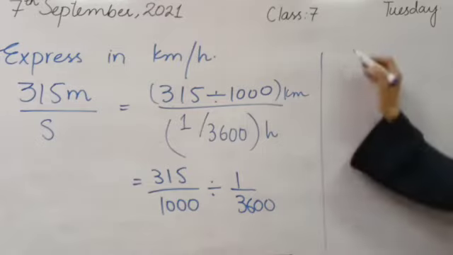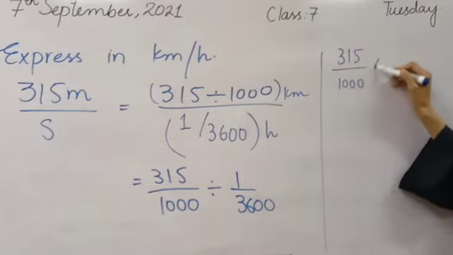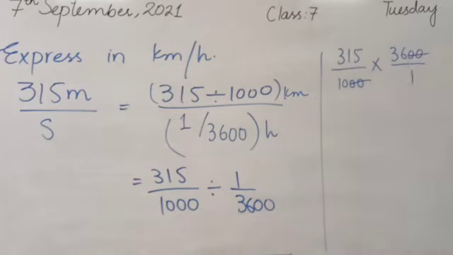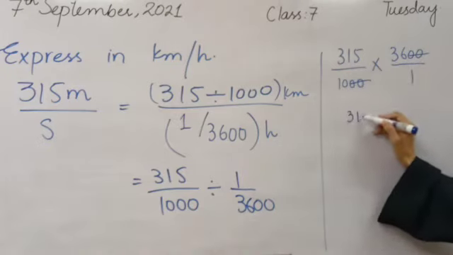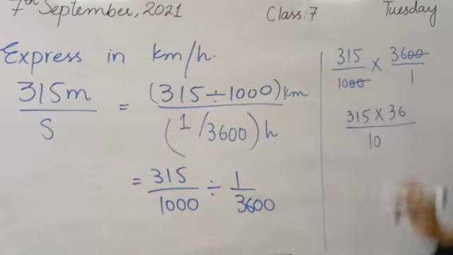315 over 1000 multiply 3600 over 1. Now multiply 315 with 36 and divide it with 10.